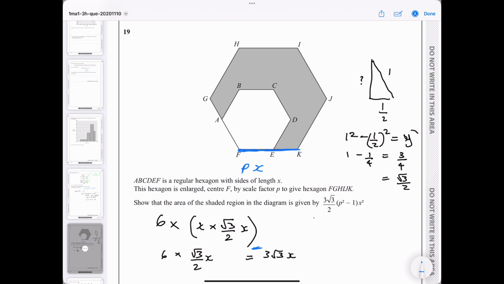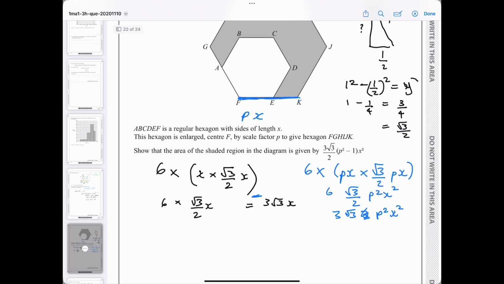So it's going to be 6 times px times root 3 over 2 px, which equals root 3 over 2 p squared x squared, times 6, which is root 3 p squared x squared. Don't do what I just did.